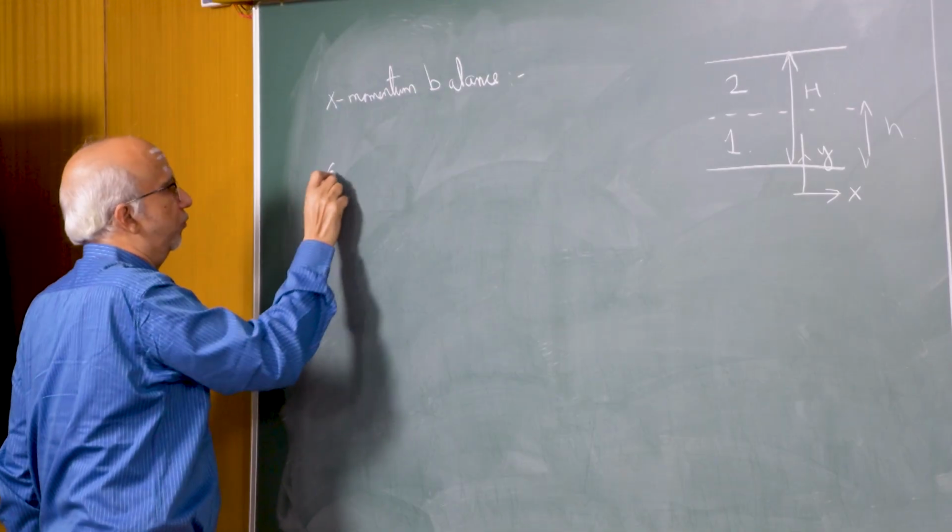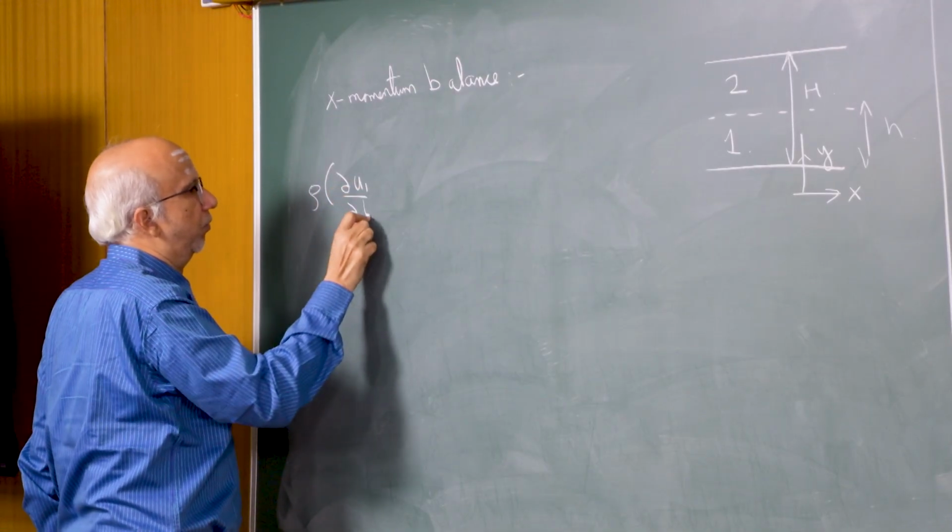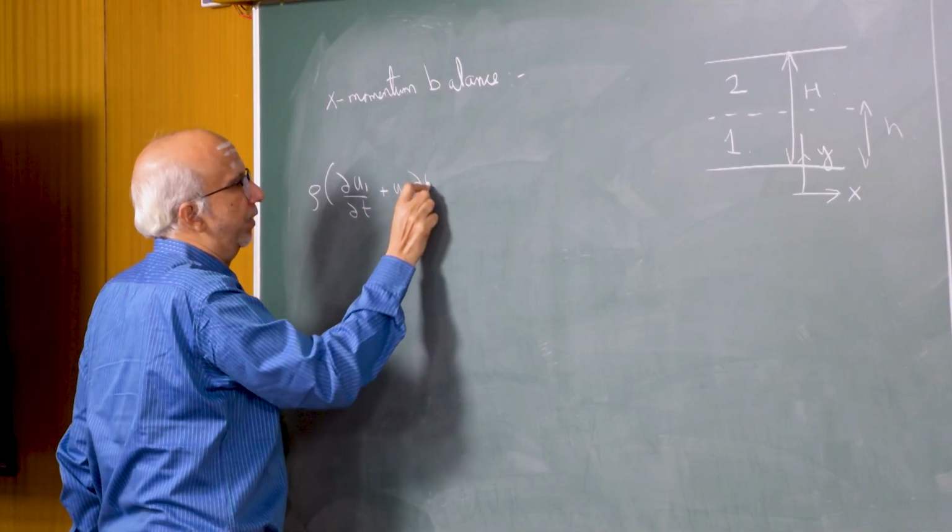And this turns out to be rho times du1/dt plus u1 du1/dx and so on.